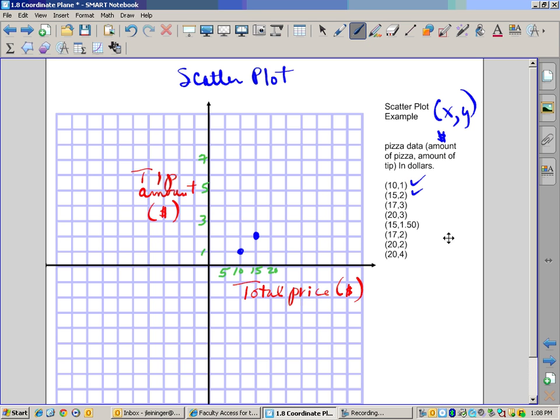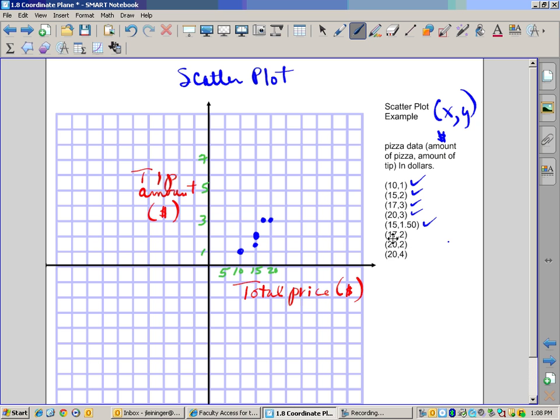Okay? When I sold $17 worth of pizza, which is kind of in between 15 and 20, I got a $3 tip, so I'm about right there. And then the next time I sold $20 worth, well, I still just got $3. And then I delivered $15 worth of pizza, and they only gave me $1.50, so I'm kind of down here somewhere.